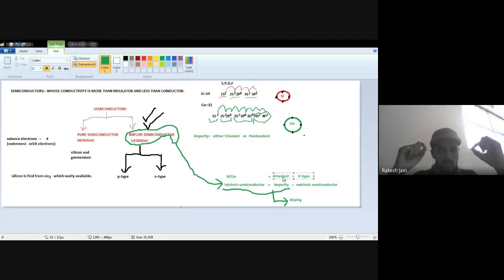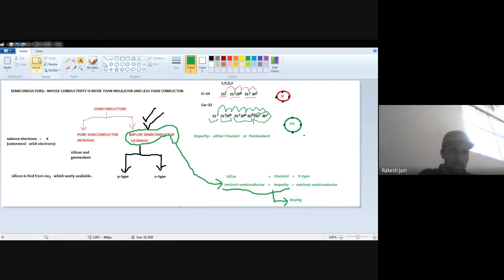As a standard definition, in intrinsic semiconductor, if I dope a trivalent impurity, then I will find a P-type extrinsic semiconductor. So in simple language, this is a basic formula for a P-type semiconductor.